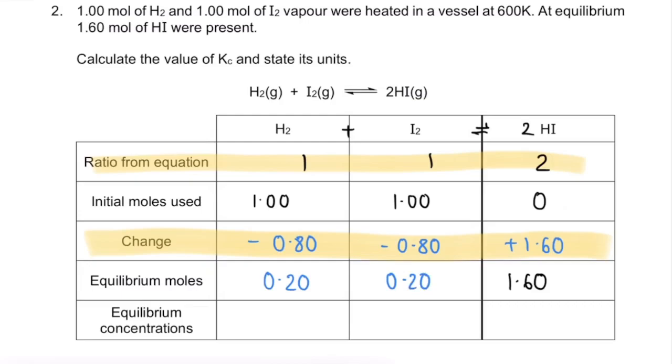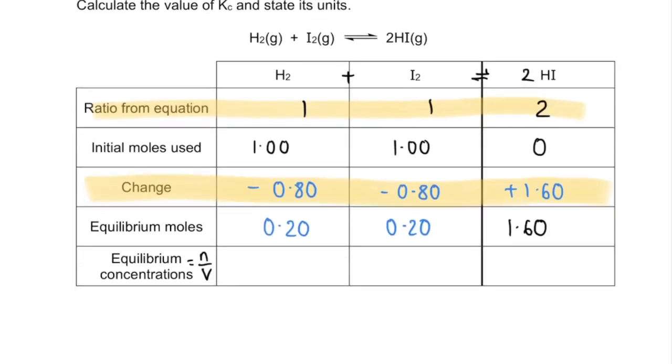Then remember that what we do to find concentration is divide by volume. And we haven't been given a volume. So why haven't we been given a volume? Just remember what we said in a previous video about your expression. So have a look at your expression again. We got HI squared over H2 I2.